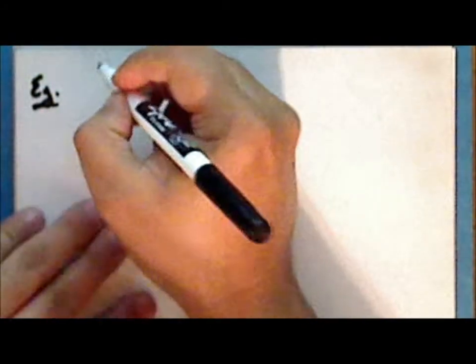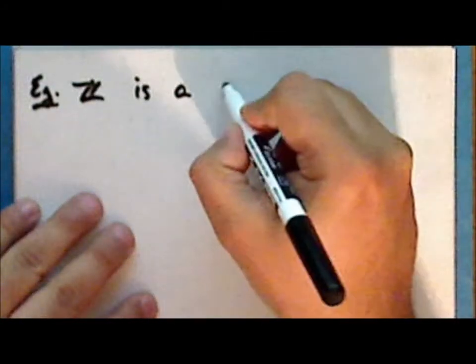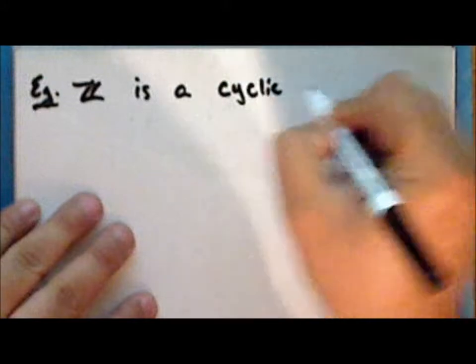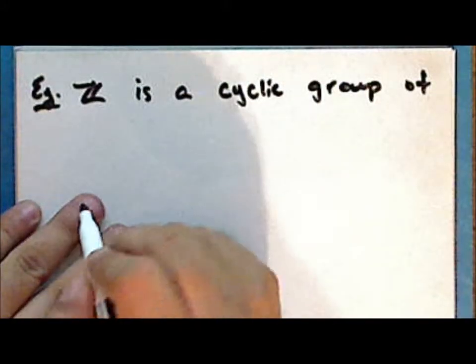So as an example, the integers under addition is a cyclic group of infinite order.